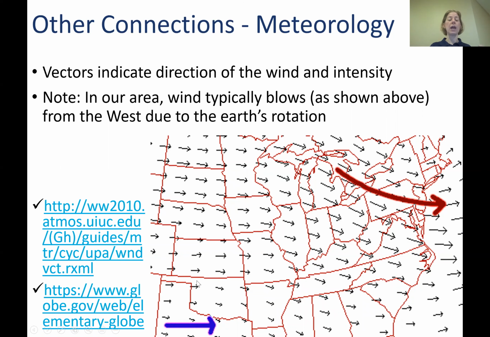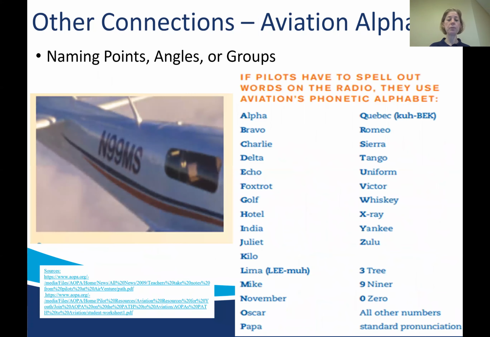You could have students look up how long of a trip it would take to fly from, let's say, Missouri to Maine, or Maine to Missouri, and how usually flying from the west, from Missouri to Maine, is going to take a shorter amount of time than Maine to Missouri. And that's because of the wind, having a tailwind versus a headwind.